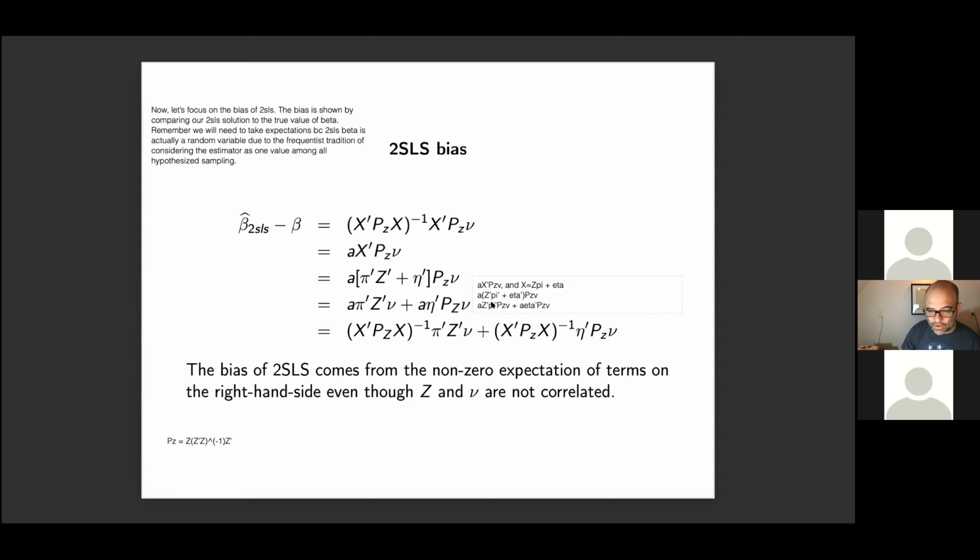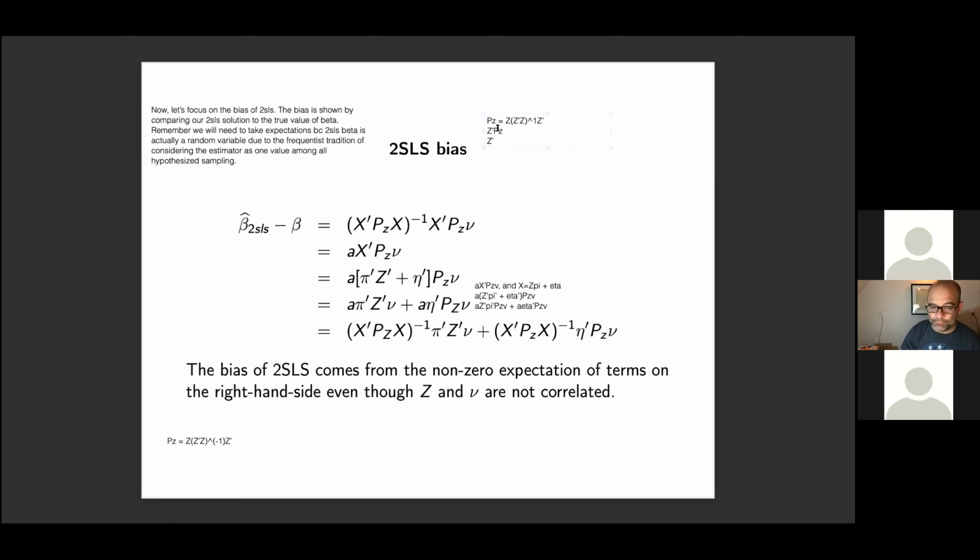Now we're missing some stuff, so let me see if I have a typo. I have right here Z prime PZ. Remember, PZ equals Z (Z prime Z) inverse Z prime. So if I multiply Z prime PZ, I get Z prime Z inverse Z prime, and that's going to cancel out.